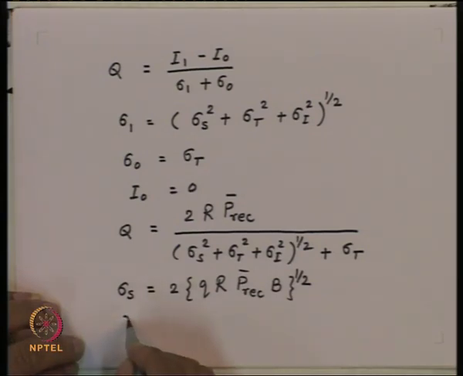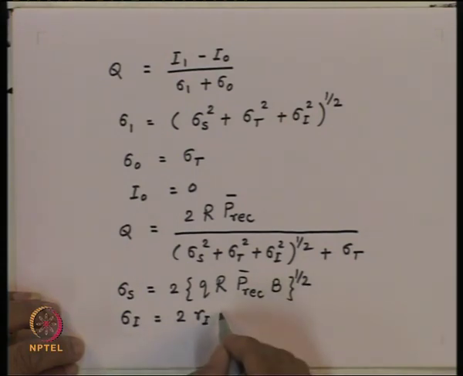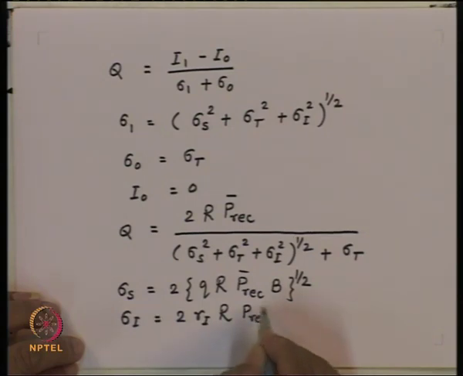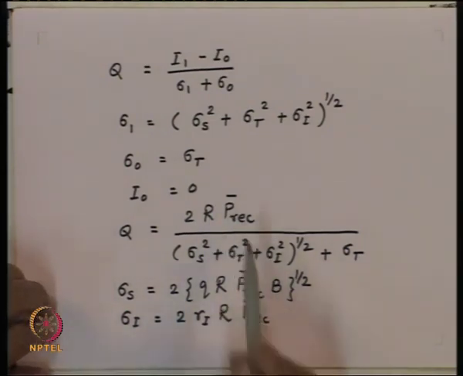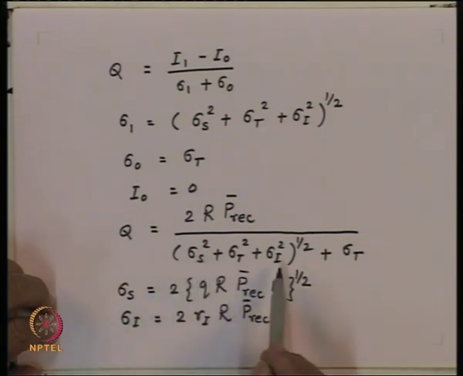And we also have sigma I as we defined, that is equal to 2 times Ri, this is the relative intensity parameter, responsivity and P average. So, we can substitute into this, and note here that we have a PREC, and also these quantities are now depending upon PREC.